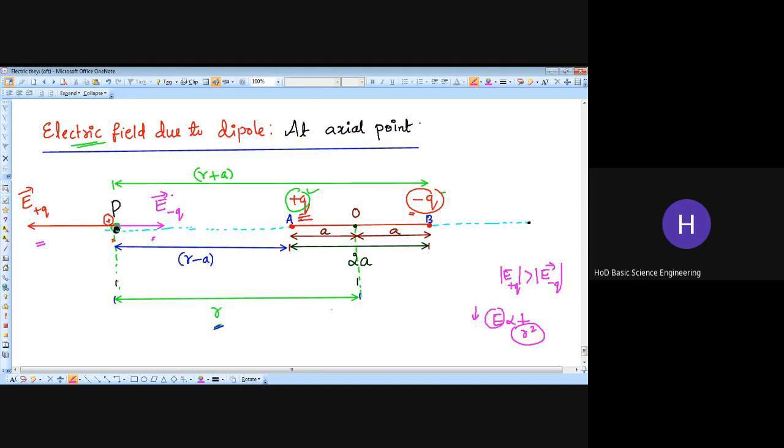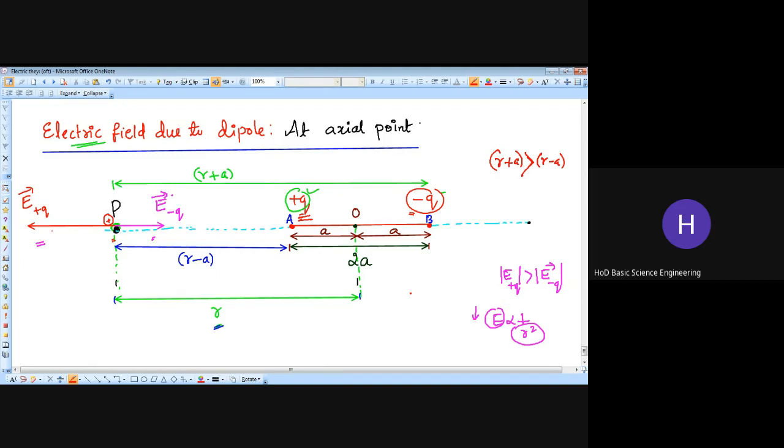So in this diagram, I will write it here, r plus a is greater compared to r minus a, right? R plus a is greater compared to r minus a. Therefore, since distance and electric fields are inversely proportional, right?